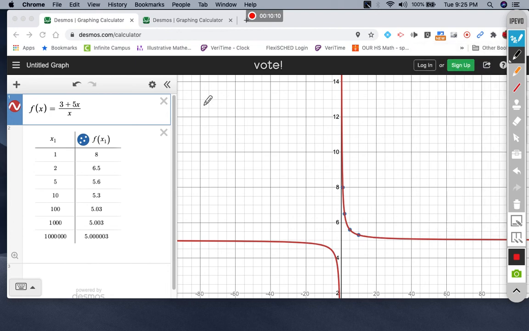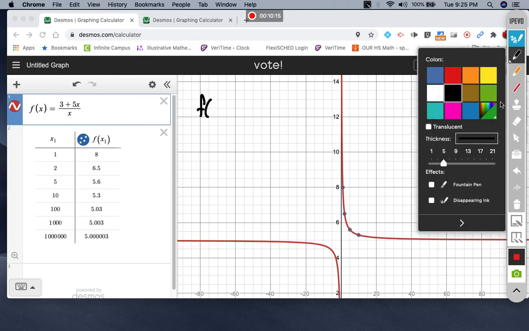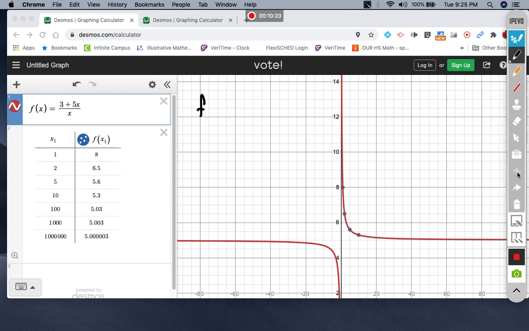If I start off with my function, let's thin that out. Okay. I have my f of x equals 3 plus 5x over x. Since I'm dividing everything by x, I can break this down to 3 over x plus 5x over x.